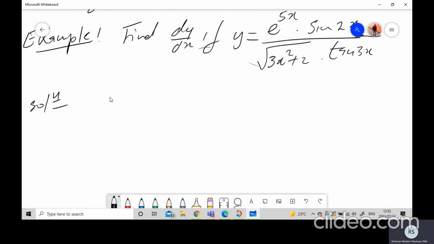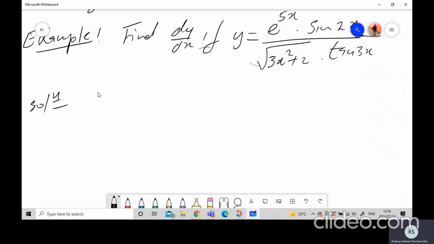The first step: we have a function y, we want to find the derivative, and it's a product and quotient of more than two terms. So we're going to apply log differentiation. The first step is to apply ln on both sides: ln of the left-hand side equals ln of the right-hand side.